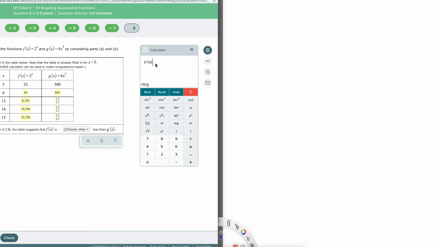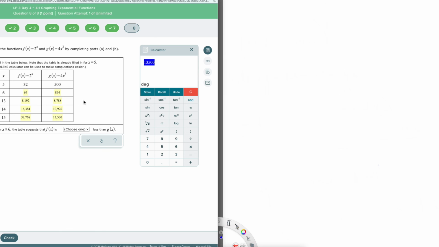And 8,788. I don't want to copy this one because then I'm going to mess up what I've copied and pasted for that formula, and I have to type that in each time. So I'll just type these guys in. The last one, I can copy and paste over here. All right, so let's put the commas in, and then let's do our comparing.